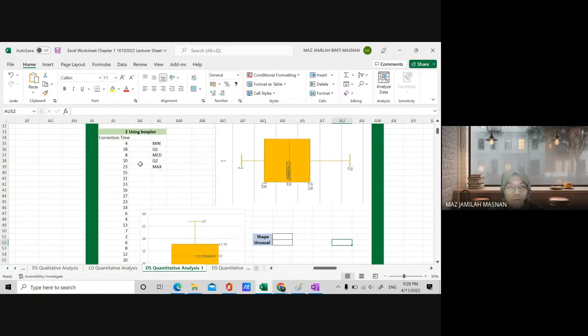But for box plot, some continuous or quantitative data is suitable to be used in Excel, but somehow there will be data that will not be suitable for box plot. So please make sure the purpose of generating the box plot serves the reason why you want to discover information from the data.